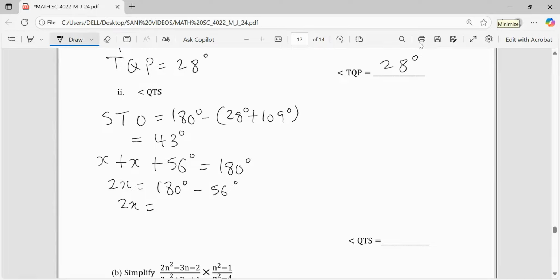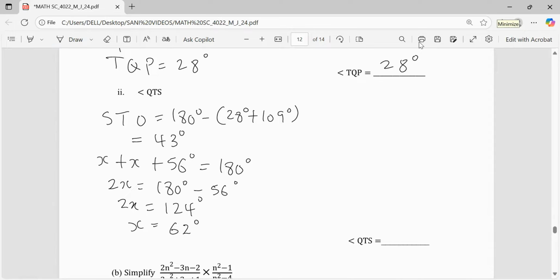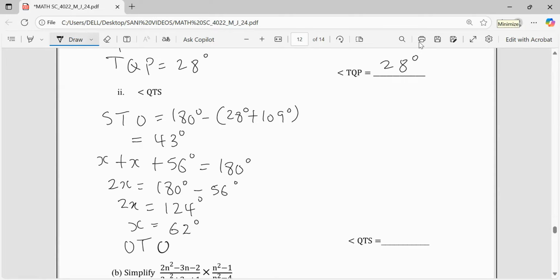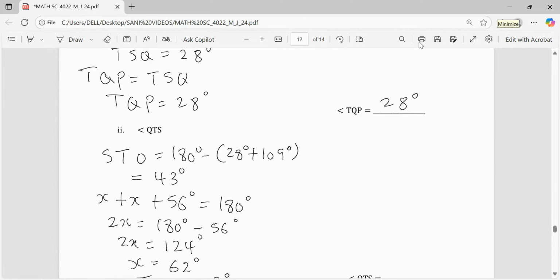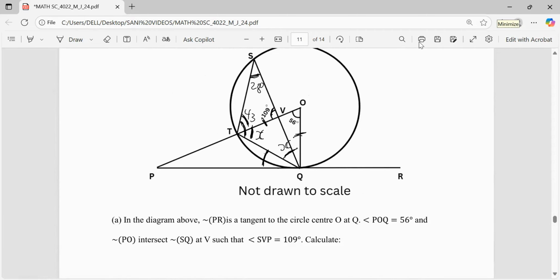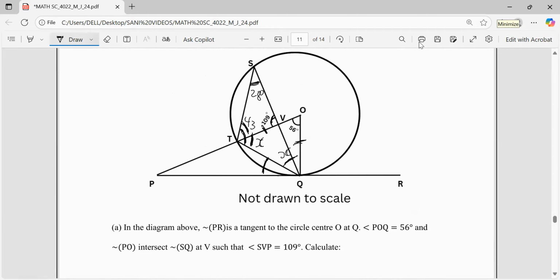So 180 minus 56 degrees will give us 124 degrees. So divide both sides by 2. X equals 62 degrees. So since X is equal to 62 degrees, OTQ is 62 degrees. So going back to our diagram, the angle here is 62.